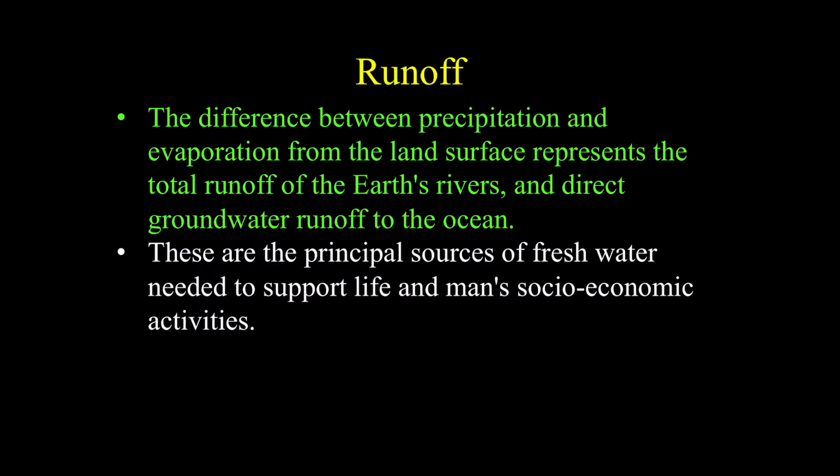The difference between precipitation and evaporation from the land surface represents the total runoff of the Earth's rivers and direct groundwater runoff to the ocean. These are the principal sources of fresh water needed to support life and man's socioeconomic activities.